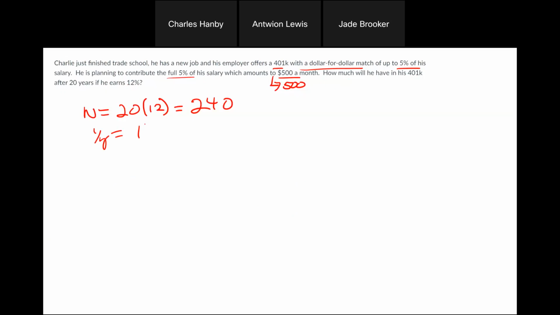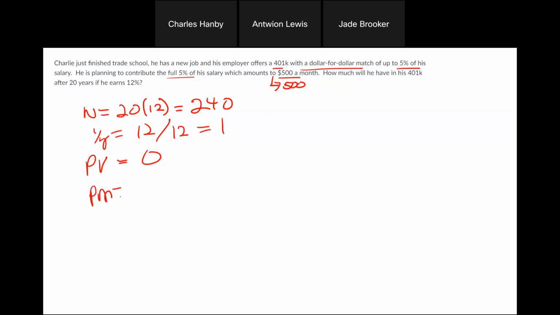IY, 12% monthly. So 12 divided by 12, 1%. Again, there's nothing in the account to start with. If you were doing this for your own account and you wanted to do the calculations, you would enter any balance that you had here as a negative.